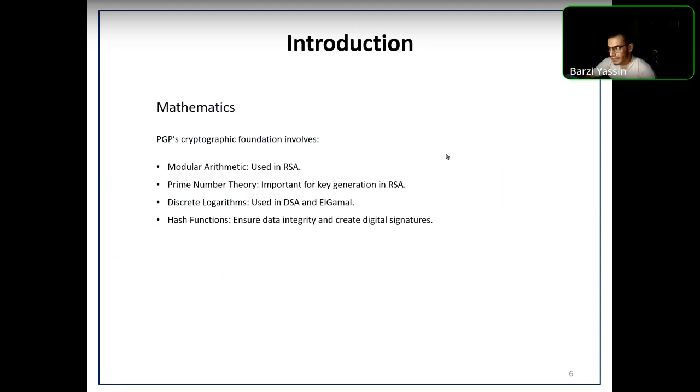Prime number theory is crucial for generating keys in algorithms such as RSA, while discrete logarithms play a fundamental role in algorithms like DSA or ElGamal. Additionally, hash functions are utilized within PGP to maintain data integrity and facilitate the creation of digital signatures.